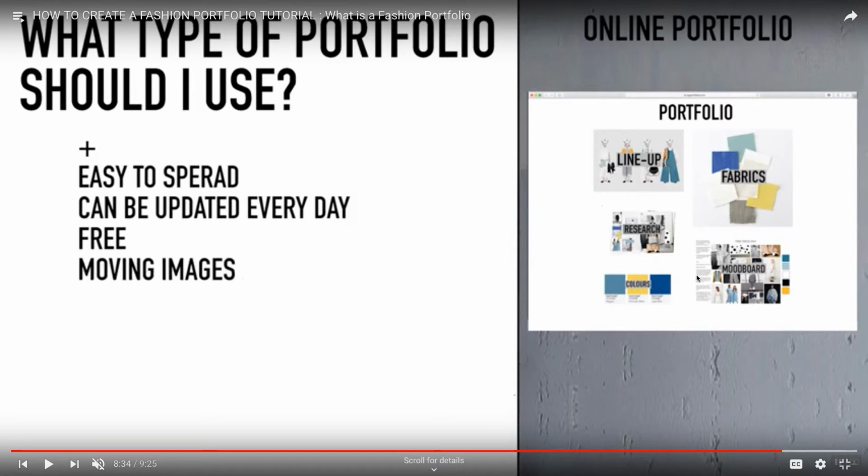Your online portfolio, even if it's just an Instagram, should be something that gets people interested in you, right? That's how they find you, and then the physical portfolio, you can bring in for the job interview to really seal the deal, right?